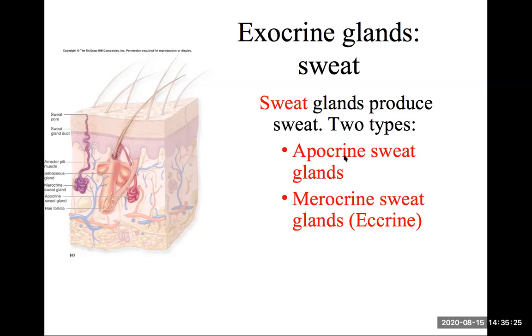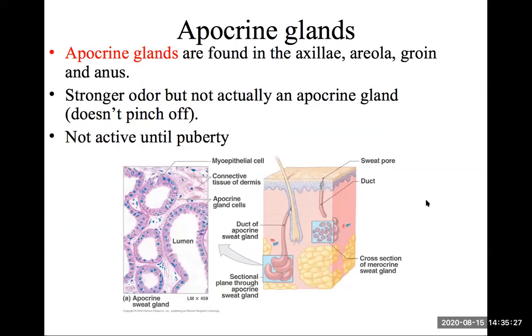That would be the obvious thing. But actually, the apocrine sweat gland is not an apocrine gland, which is a really, really confusing thing. So that's why I'm making a big deal about it, so you'll understand. All sweat glands work through exocytosis, all right? There is no apocrine version of a sweat gland.